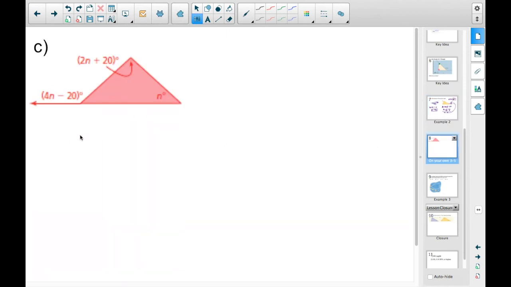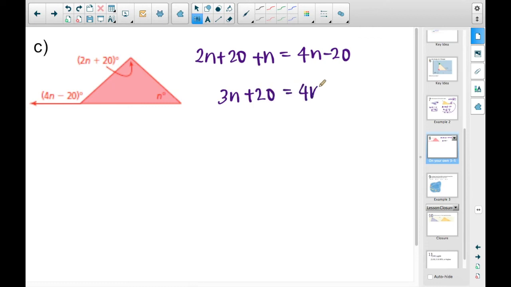Next question. We have two non-adjacent angles and then the exterior angle. Find the exterior angle. So 2n plus 20 plus n is equal to 4n minus 20. The sum of two non-adjacent angles equals the exterior angle. Let's combine like terms. 2n and n is 3n plus 20 equals 4n minus 20.